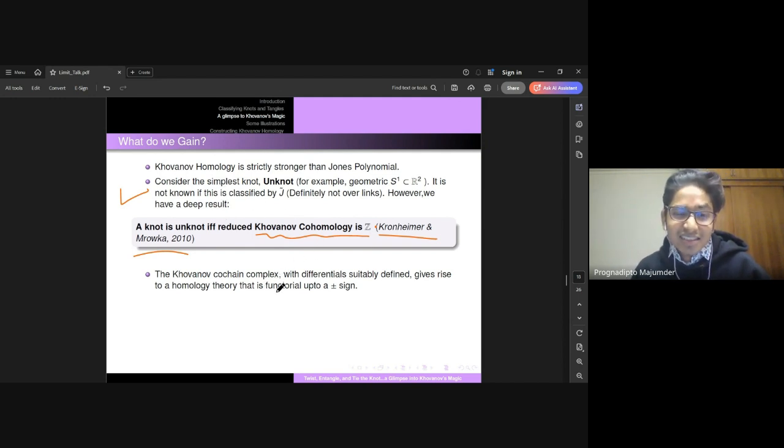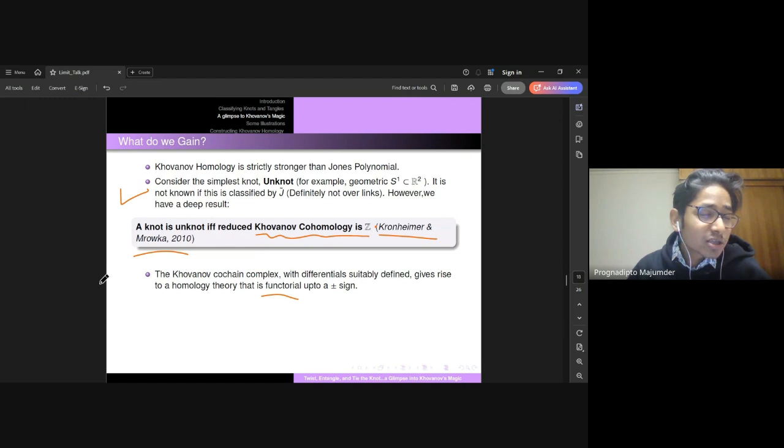And this is functorial, up to a plus or minus sign. What do I mean? It preserves structure.